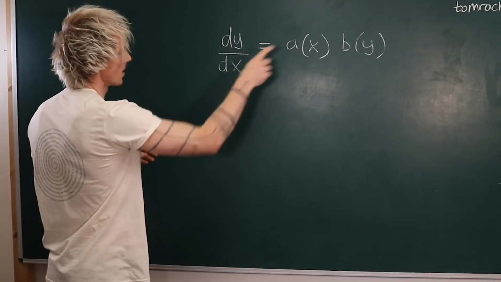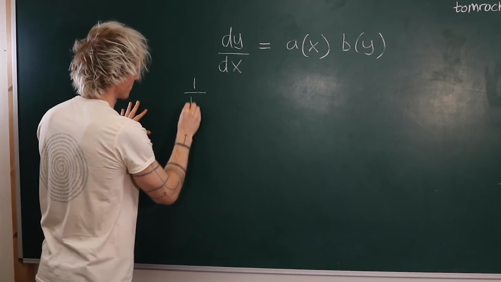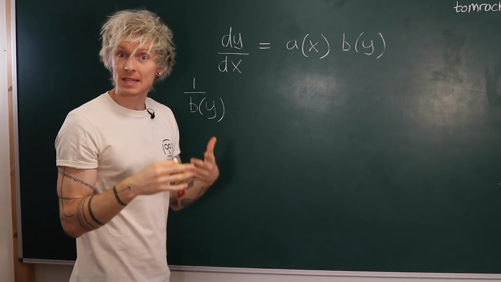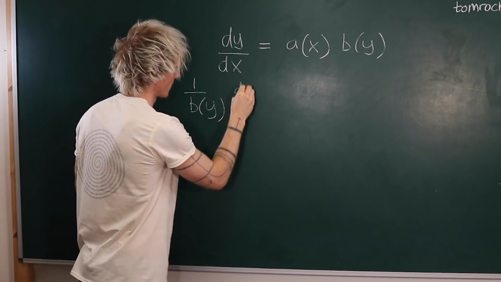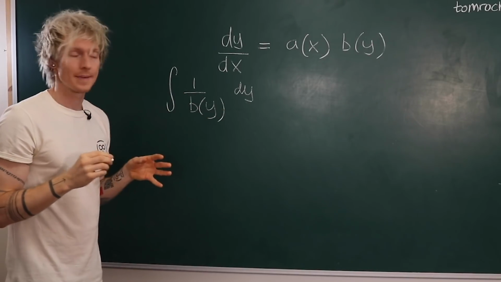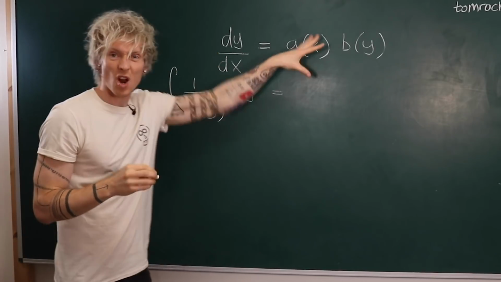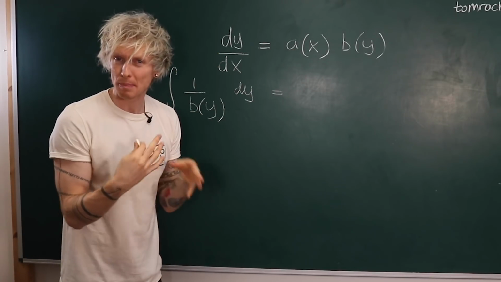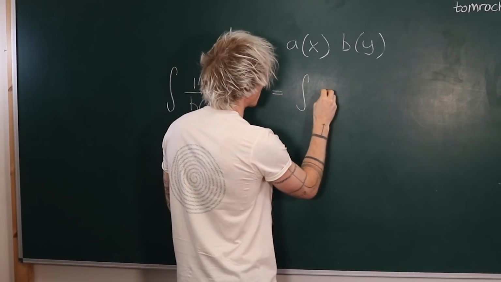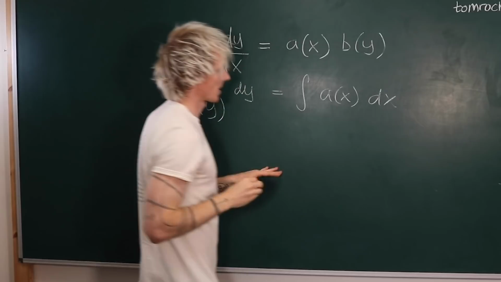Here, this means dividing by b of y, and then we want to leave the dy term, so that now becomes an integral with respect to y. And then on this side, we take the dx across, i.e. we integrate both sides with respect to x, and what we're left with is the integral of a of x dx.